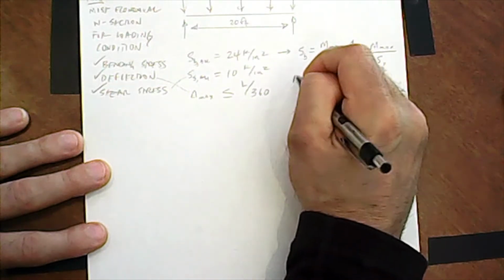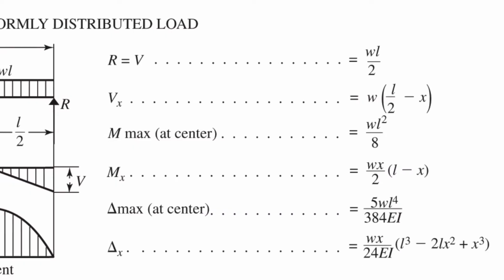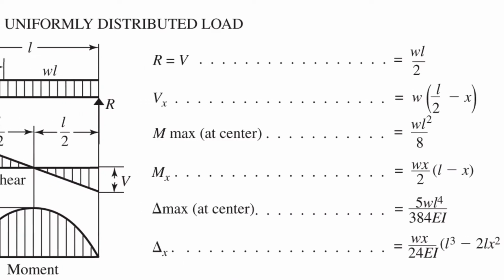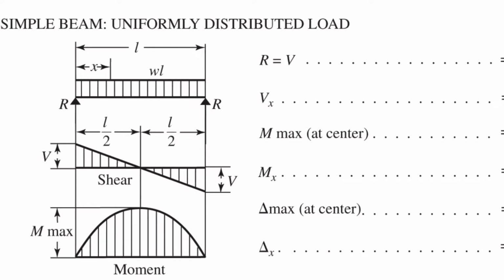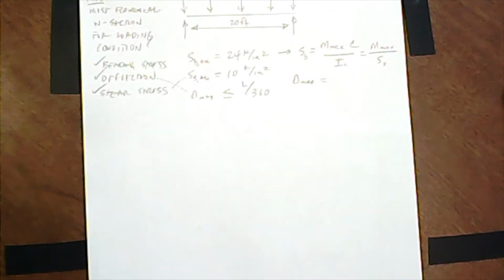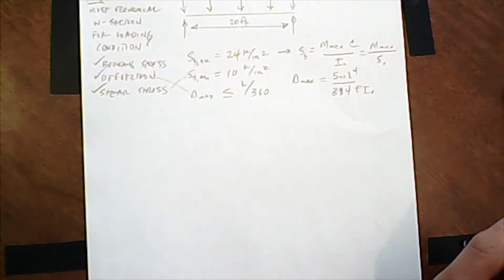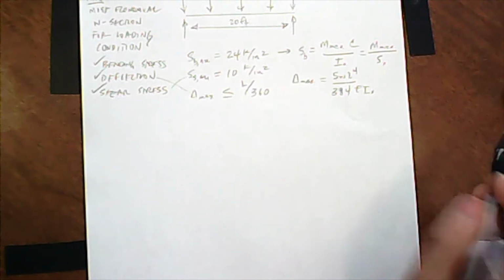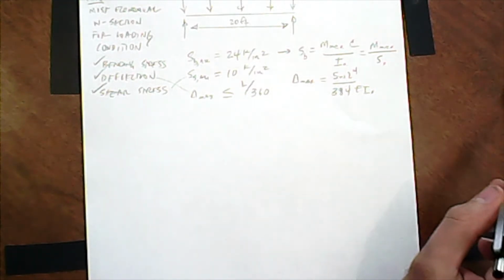Okay, delta max, we're going to use Appendix H. I'm now putting Appendix H over top of this, so you should be seeing that right now. You'll see the equation corresponds to load case number 1, where we have a uniformly distributed load, so we're going to have 5WL to the 4th over 384 EI.